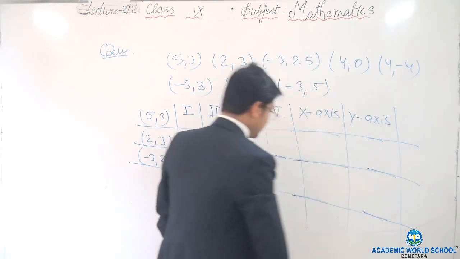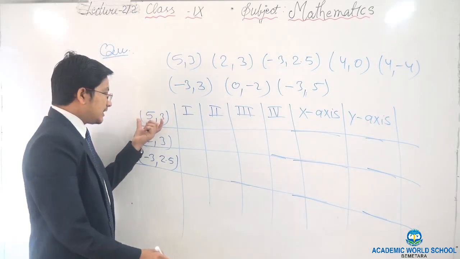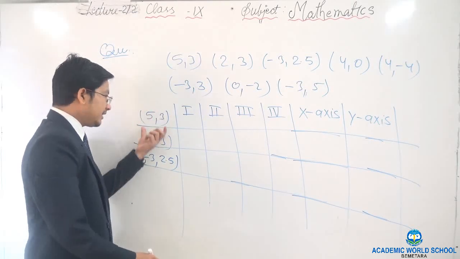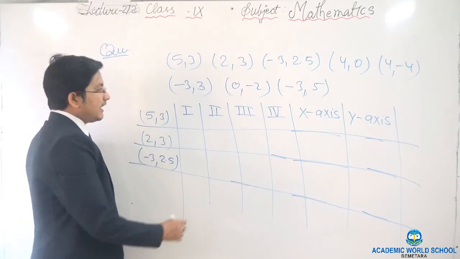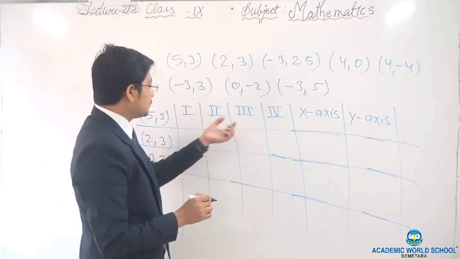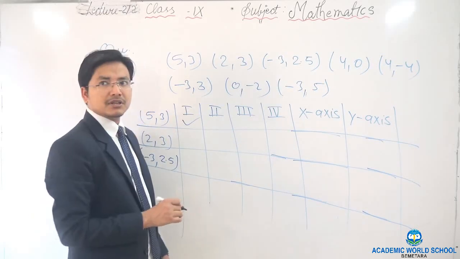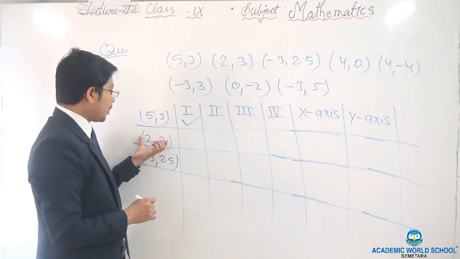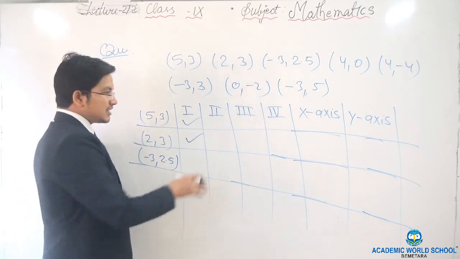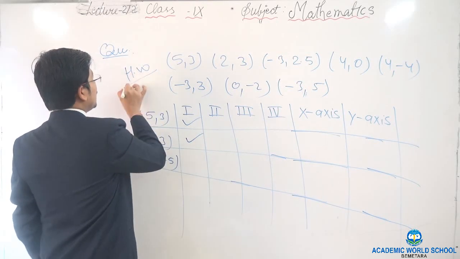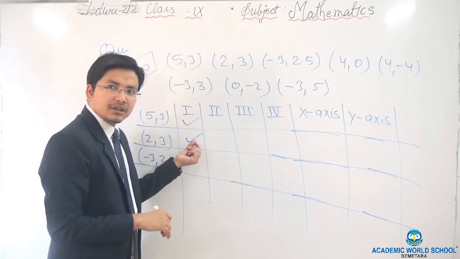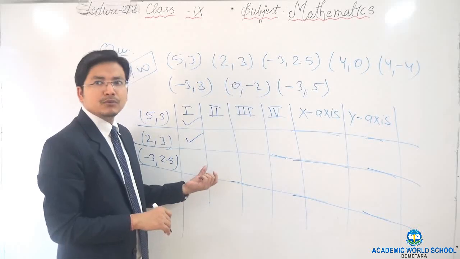You have to write all the points here. If the point 5, 3 is lying in the first quadrant, put a tick mark in the first one. This is 2, 3. Which quadrant is 2, 3 lying in? First quadrant, so make a tick. This is not homework, but right now you have to stop the video, solve it, and then move forward.